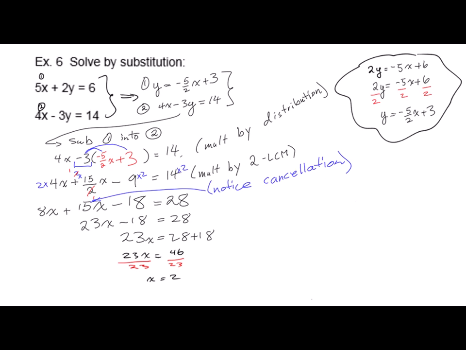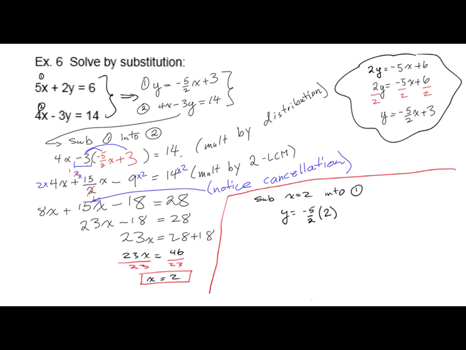Now that we've done that, what I want you to do is back substitute x equals 2 into our original equation number 1. Sorry, not our original equation, our revised equation number 1. So we're going to sub x equals 2 into 1, and once we've done that, we're going to get y is equal to negative 5 halves bracket 2 plus 3.